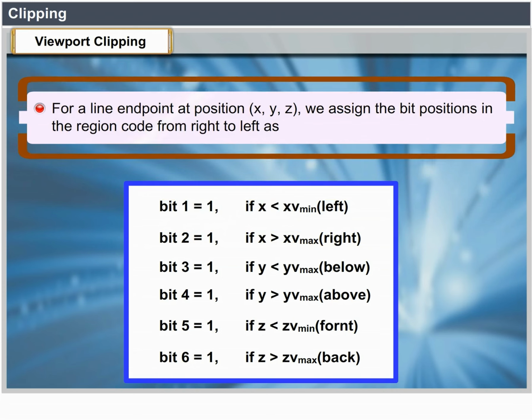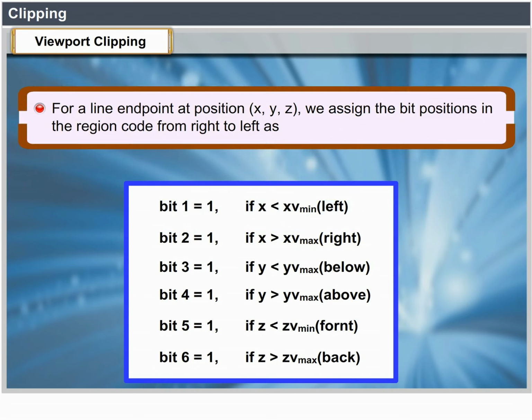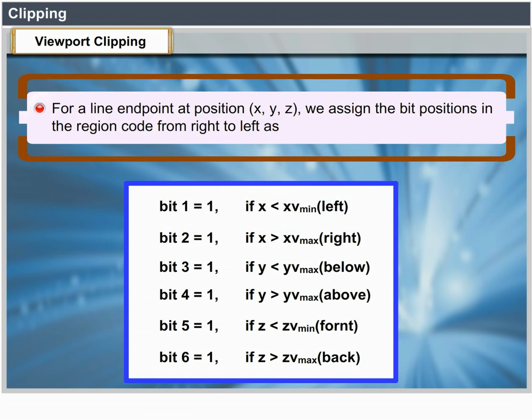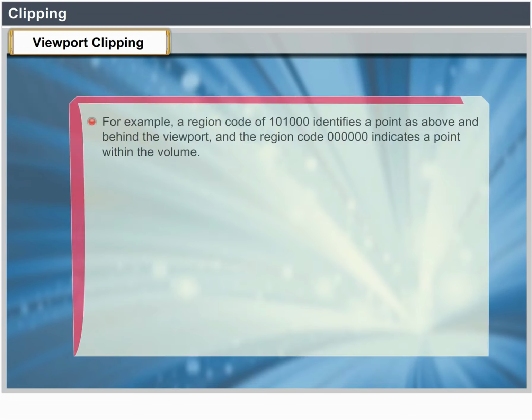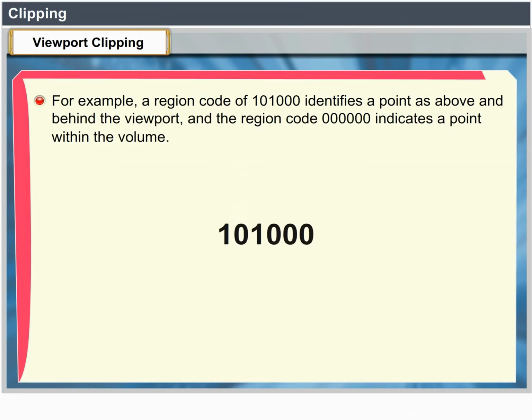For a line endpoint at position x, y, z, we assign the bit positions in the region code from right to left as shown here. For example, a region code of 101000 identifies a point as above and behind the viewport, and the region code 000000 indicates a point within the volume.